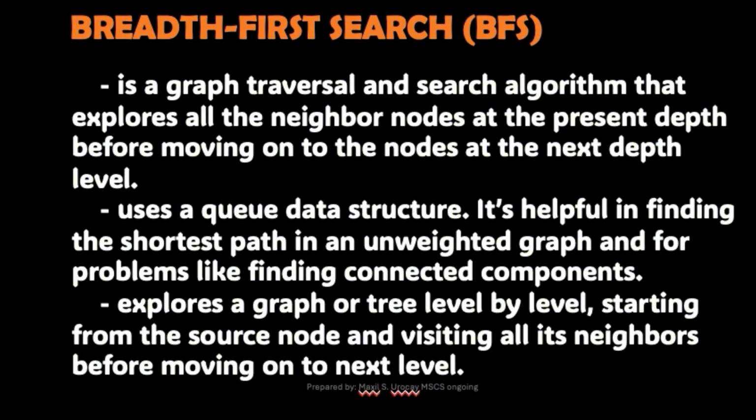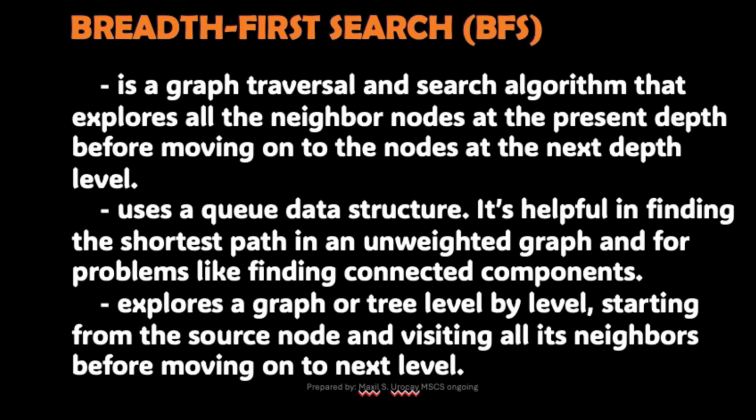That means we first insert all the adjacent nodes in the queue before we remove that element. Then we take the second element and check the adjacency of that particular element, and you process everything until the implementation is complete.